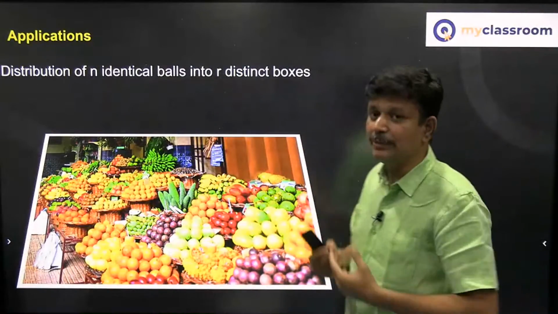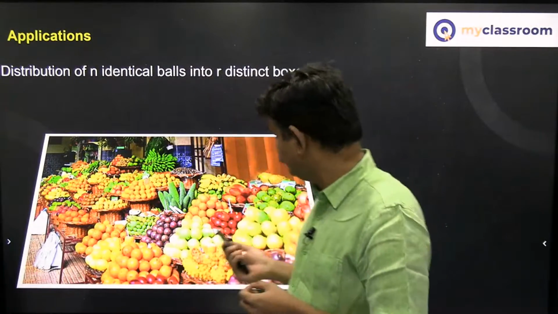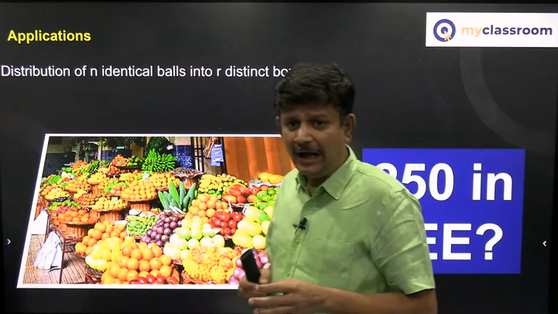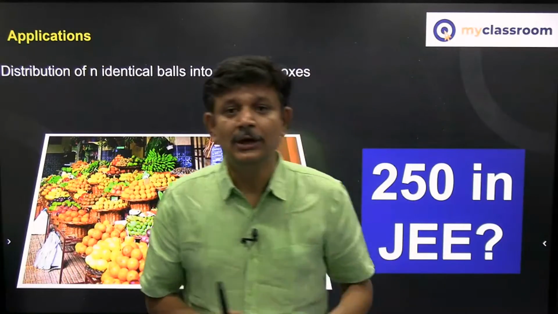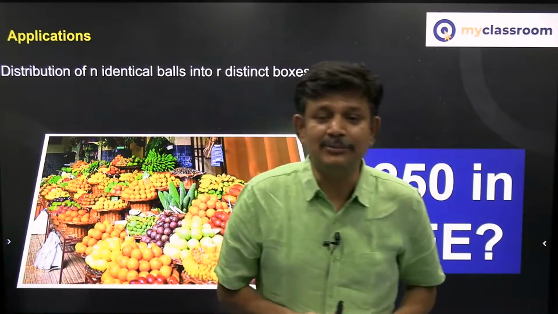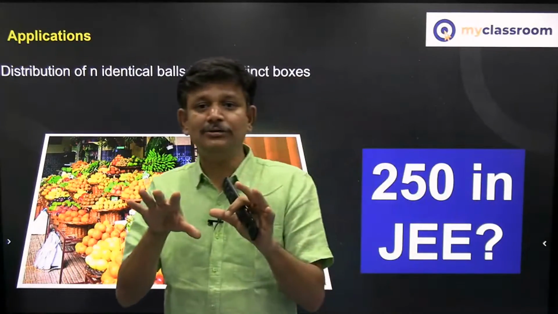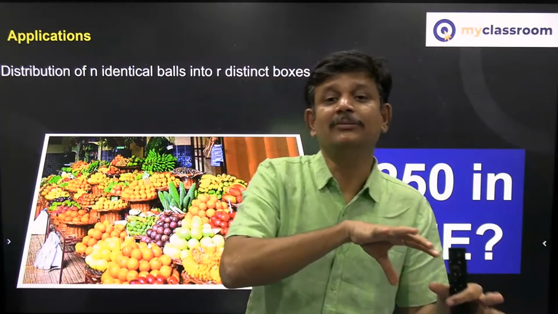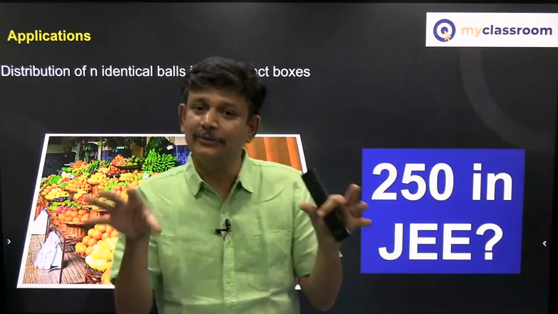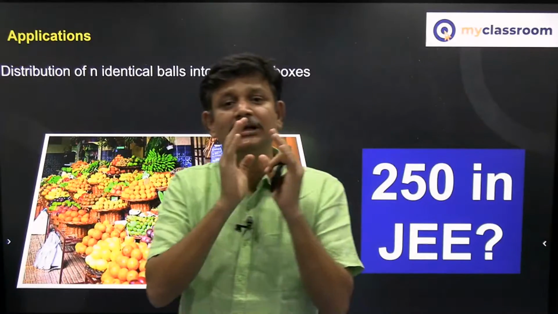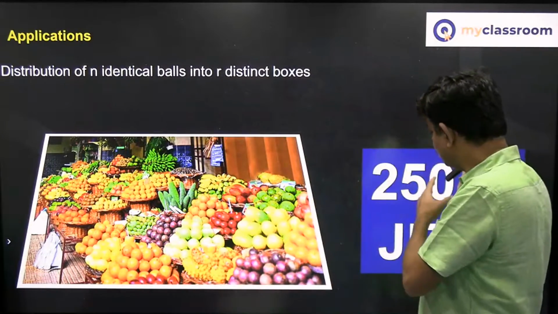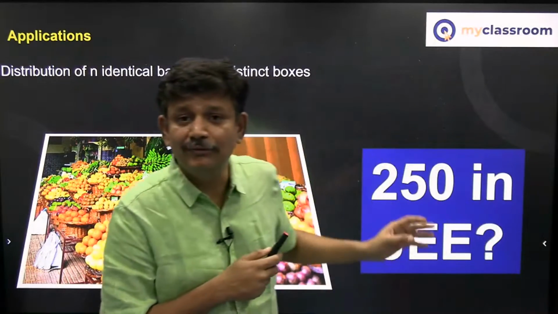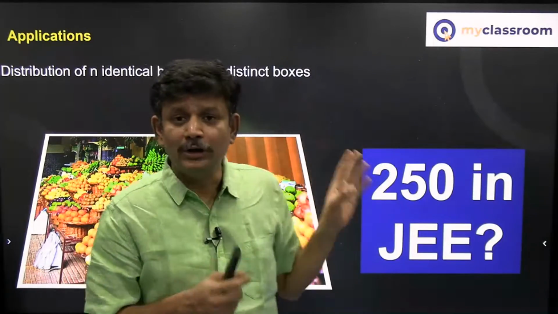It is like shopping in a fruit market, or like when I have to get, let's say, 80 marks in an examination which has maths, physics, and chemistry papers. It is up to me to decide how many marks I want to get in physics, how many in maths, how many in chemistry. But at the end of the day, maths marks plus physics marks plus chemistry marks should be 80. Or in how many ways can I get 250 marks in JEE?